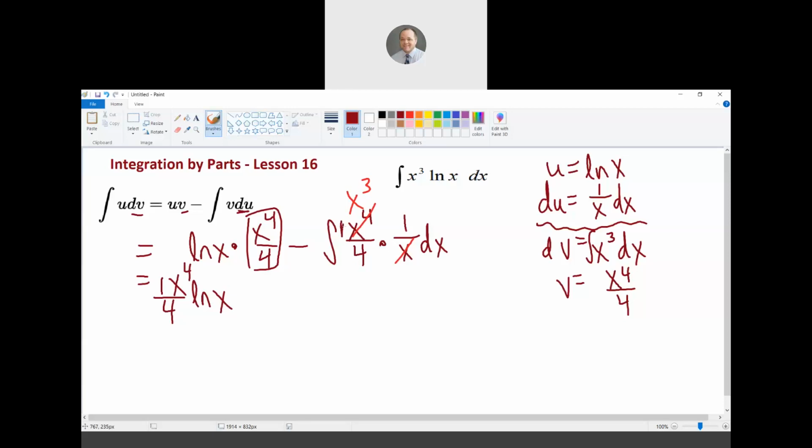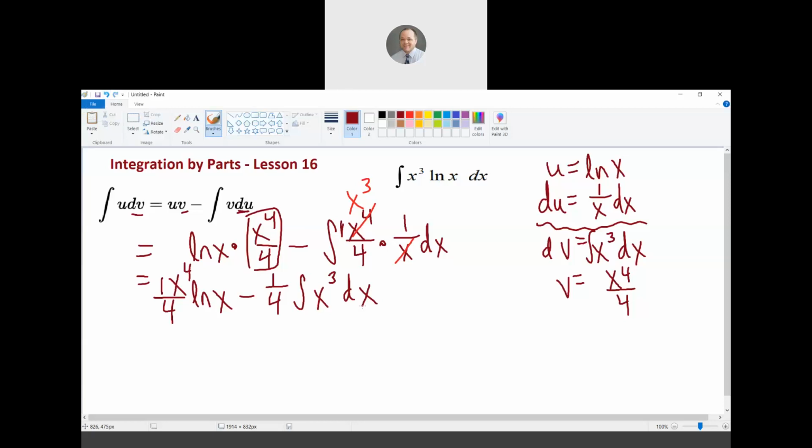Bring out that 1/4, that's negative 1/4 times the integral of x cubed dx. Oh, and that looks like a y. Sorry about that. Let me fix that.